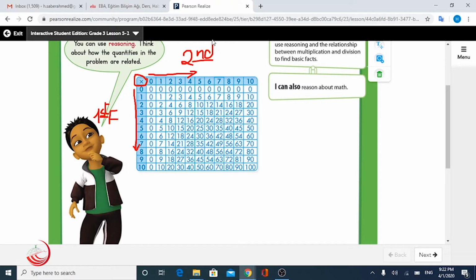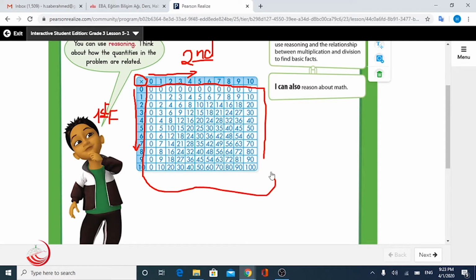Why don't we give an example to clarify this? Oh, I didn't say. Where is the product in a multiplication equation? Look, all of these numbers are the products of the related factors.